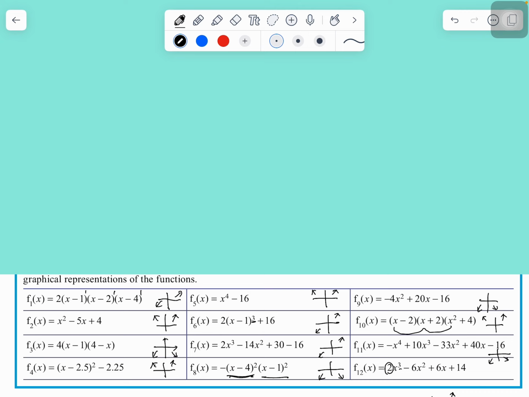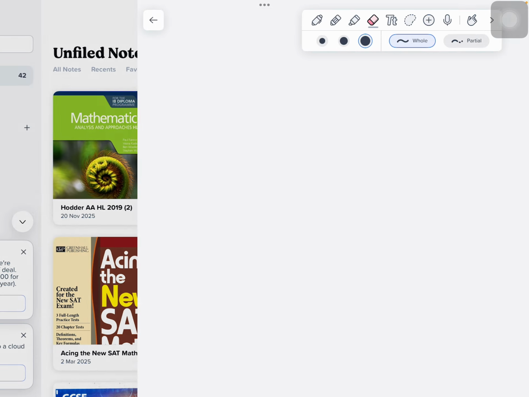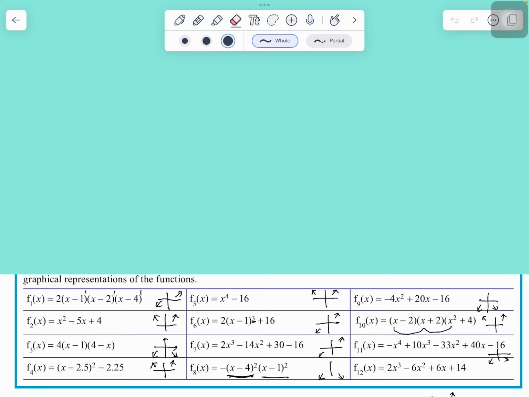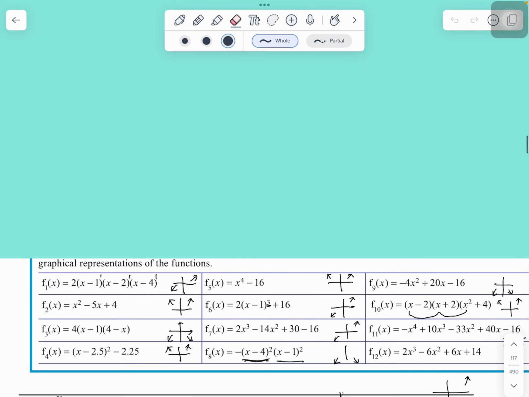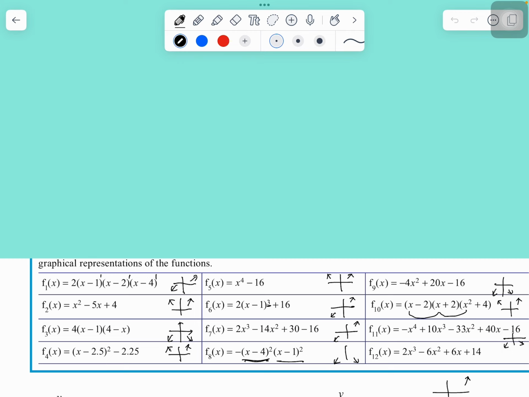So we call this multiplicity. Depending on the multiplicity, the way of dealing with the x-intercept is different. So we have 3 different types of multiplicity.